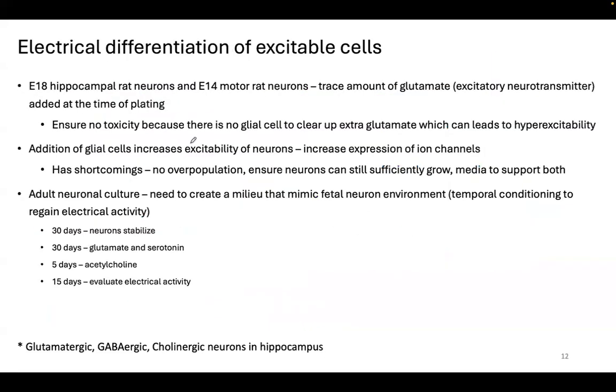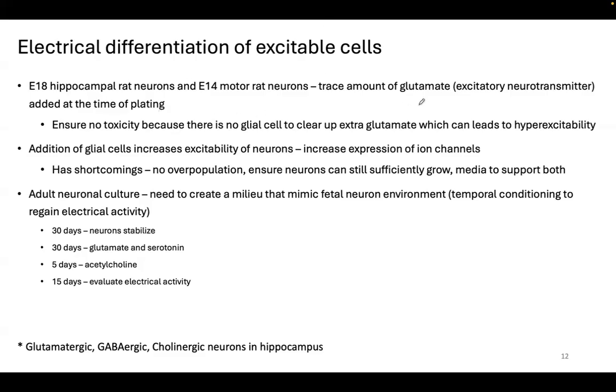But you also don't have astrocytes when you have a pure culture of neurons, or when you are just focusing on Schwann cells. If you add glutamate, initially it's good because some of your neurons will see glutamate, and maybe there's a positive feedback loop that says, since you see glutamate, you need glutamate receptors.